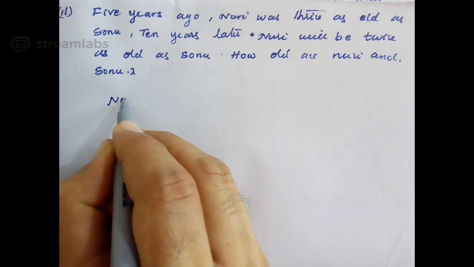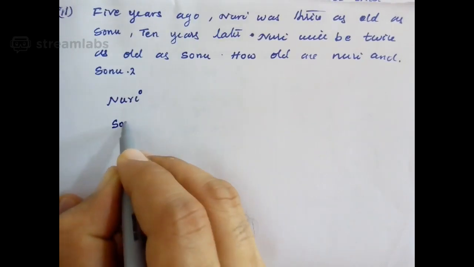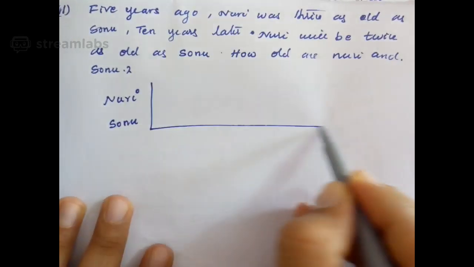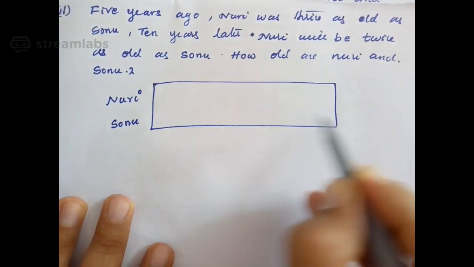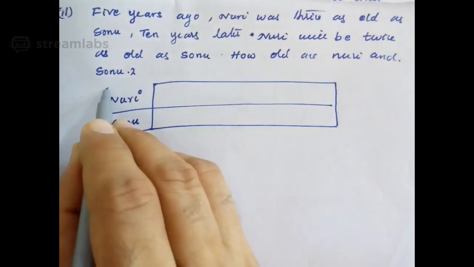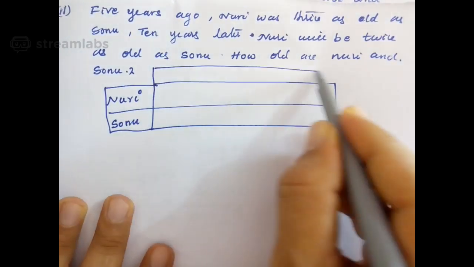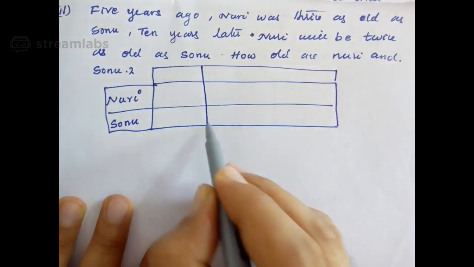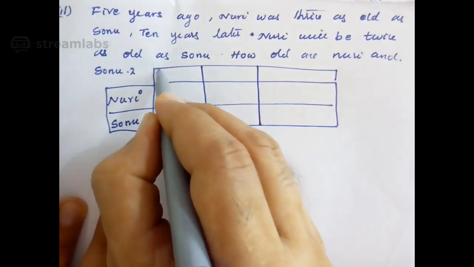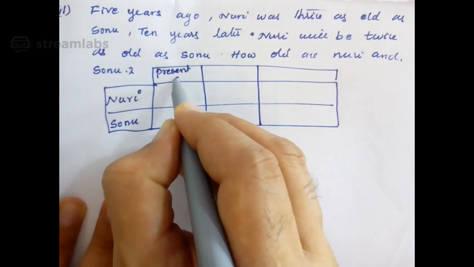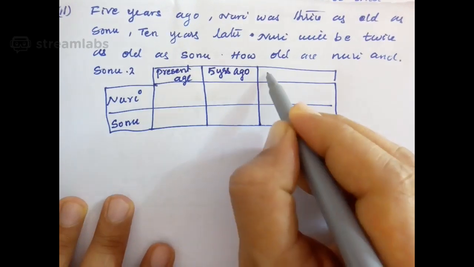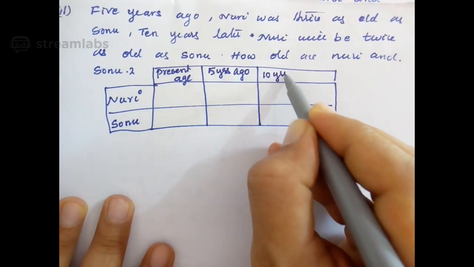Let us take the present age of Noori and Sonu. First write the present age, then the first condition 5 years ago, then 10 years later.